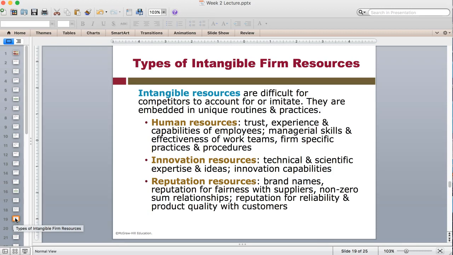We also have intangible resources, things that are difficult for competitors to imitate, but they're more fuzzy, if you will. They're things like human resources, which are not hard assets on the balance sheet, for example. Do we have ways of innovating that are unique and different and hard to replicate? Everybody wants to be Apple, but there's something in Apple that has allowed it to do what it does.